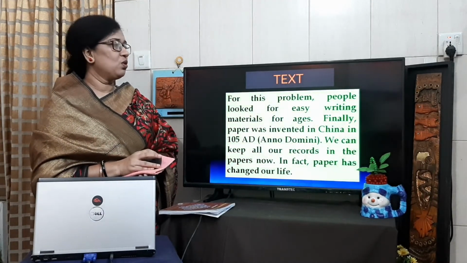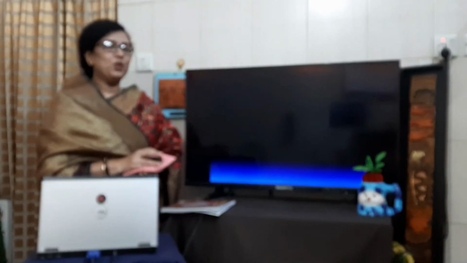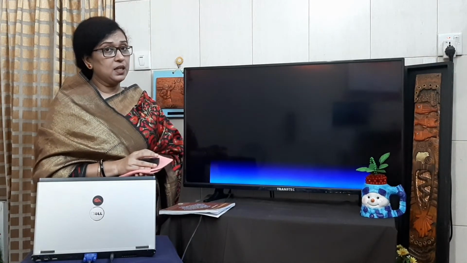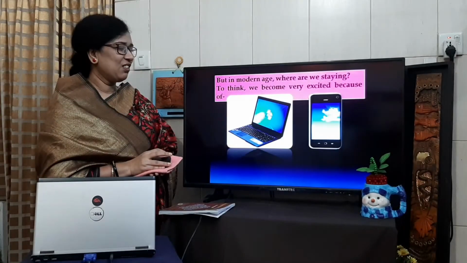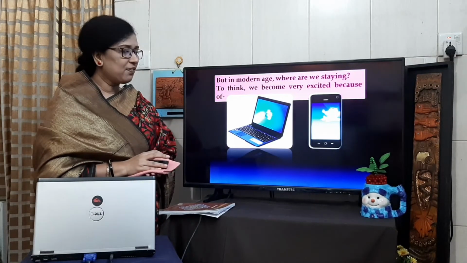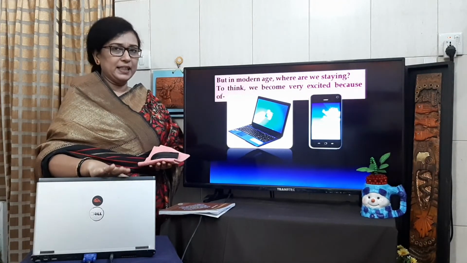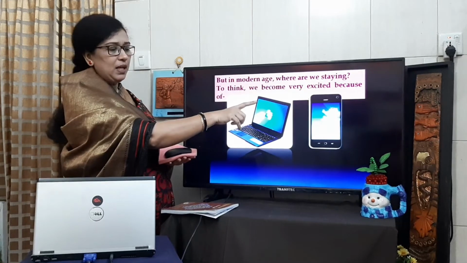Clear? So, today we know about the importance of paper, the history of paper, the invention of paper, and so on. What are these things? The first one is a laptop. Here is also a laptop of mine, and there is the mobile phone.